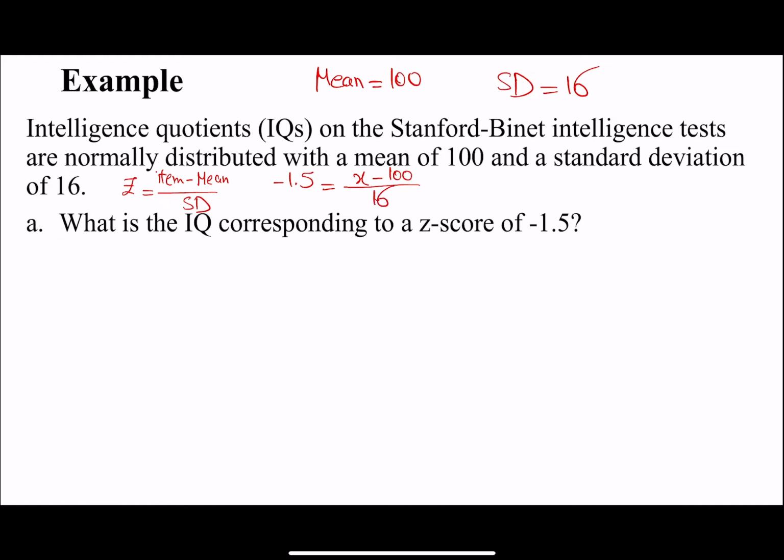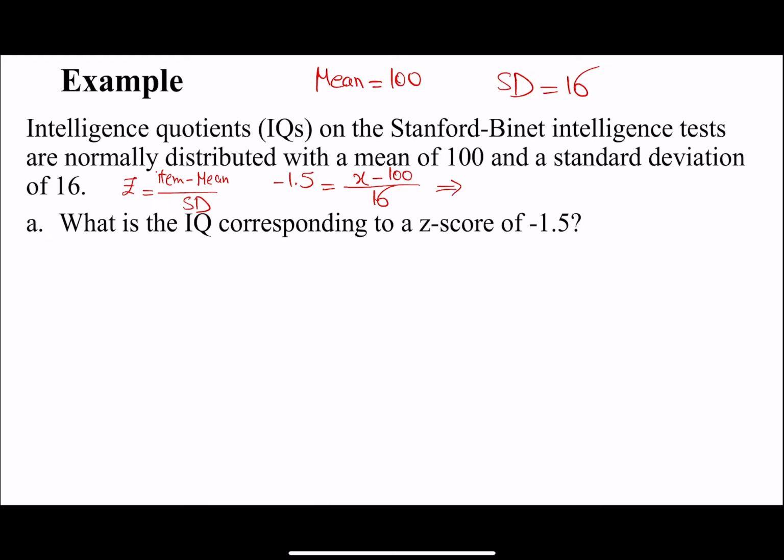Standard deviation is 16. Guys, whenever you want to find an unknown, you need to isolate it by itself on one side of the equation. So you need to get rid of the numbers around the unknown. First, I get rid of 16. I multiply both sides of the equation by 16.